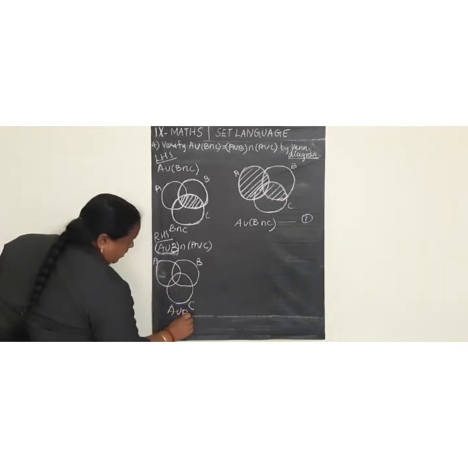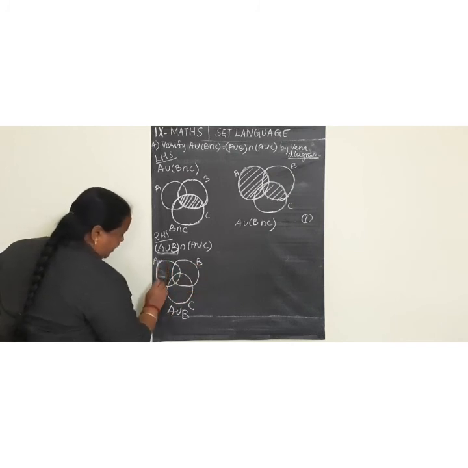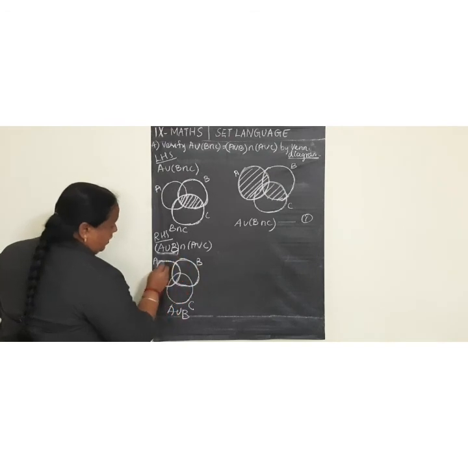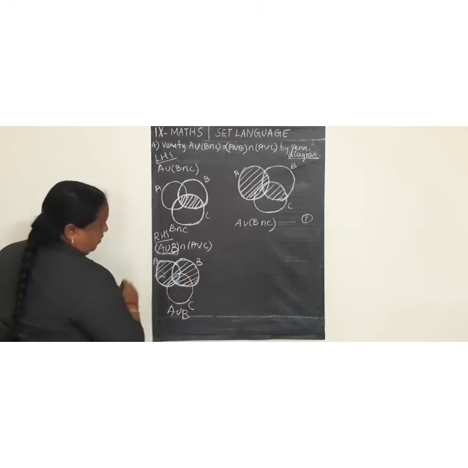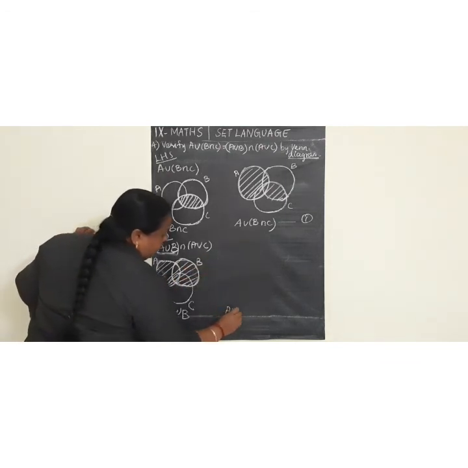A union B, we have to combine and write that set A and B. So we have to mark the set. This is a set A. Set B, we have to mark it, shade it fully. A union B. Next we have to find A union C.